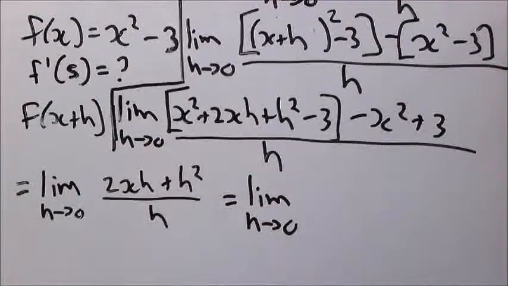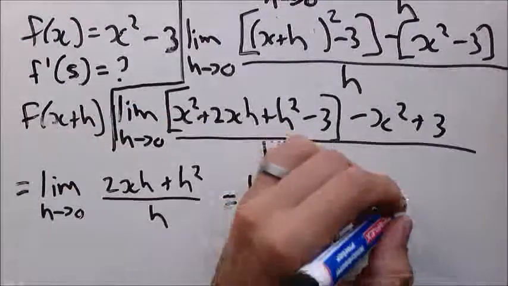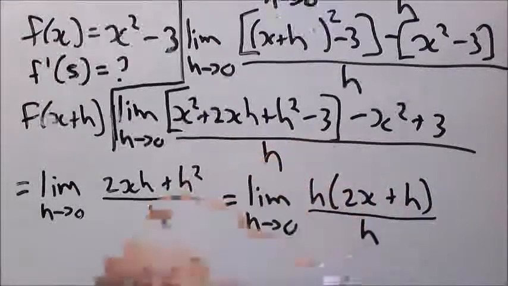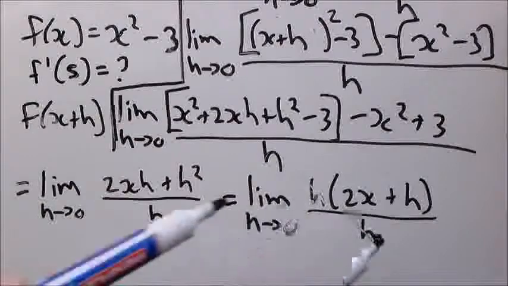And remember, at the end, we want to get rid of the h. So that's what we're going to do now. We're going to factorize at the top. So it will be h times (2x plus h). Factorize the h out. They cancel out.